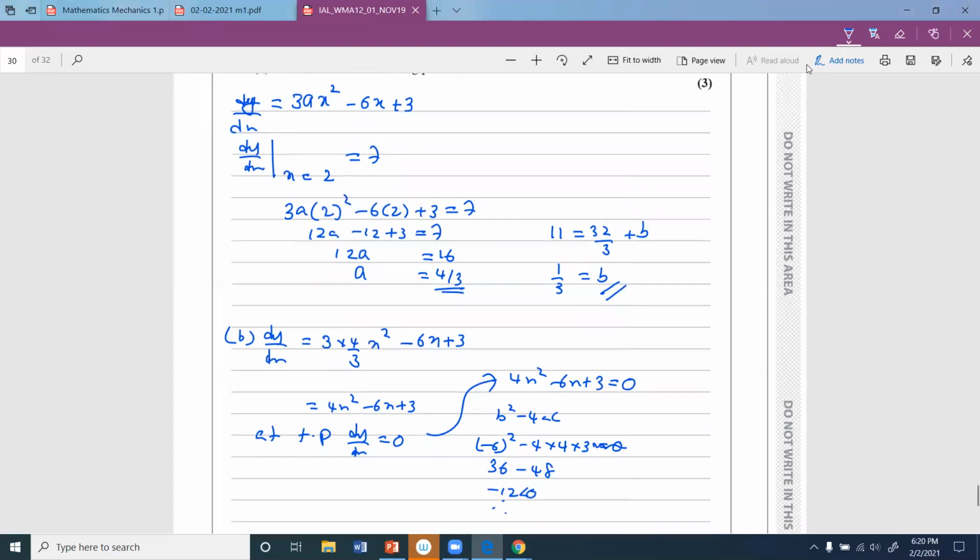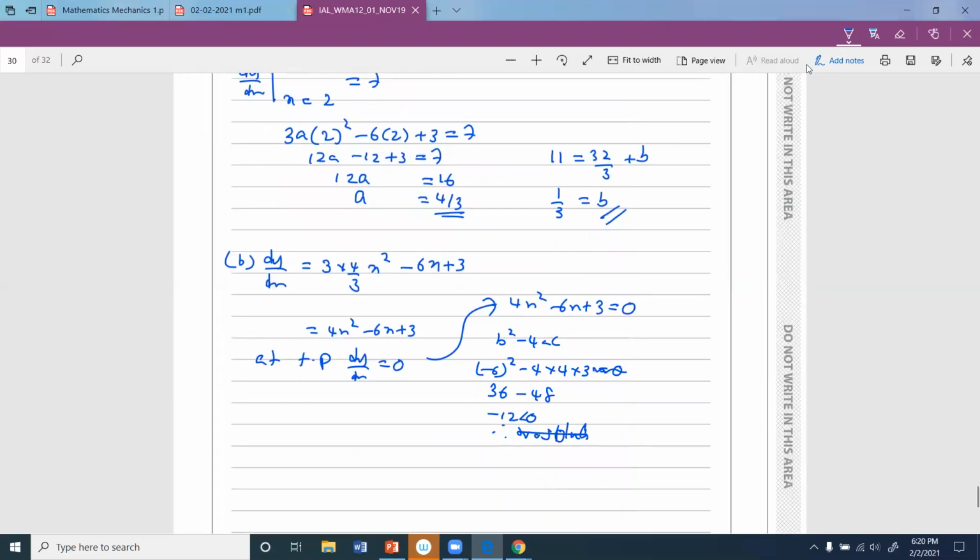Therefore, you can say no solutions. That means dy by dx does not turn out to be 0. You can say no turning point. You can write the answer for that.